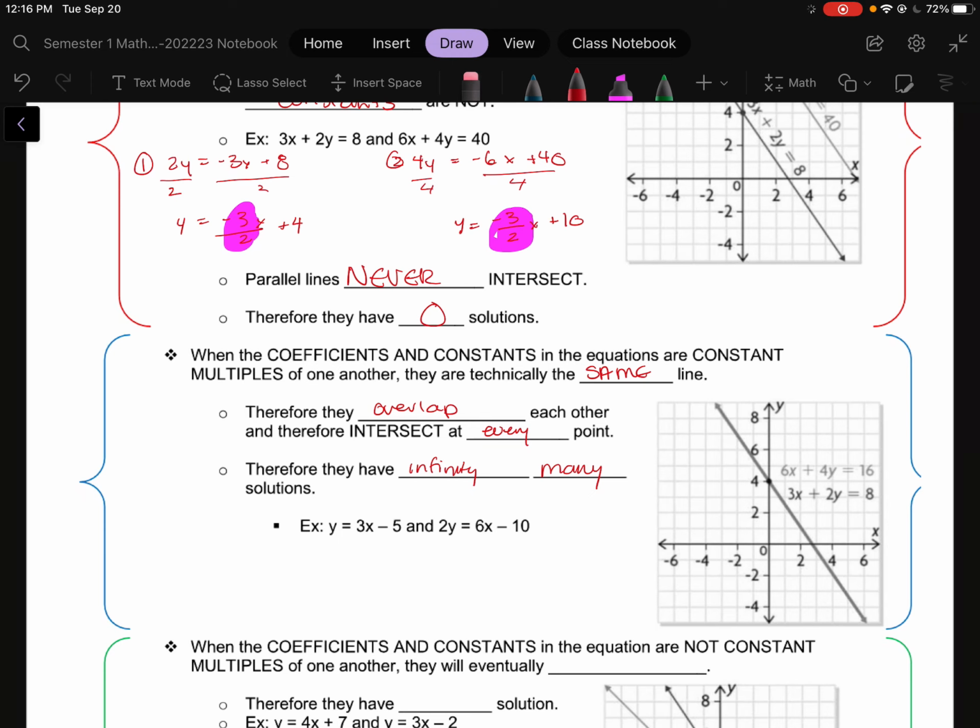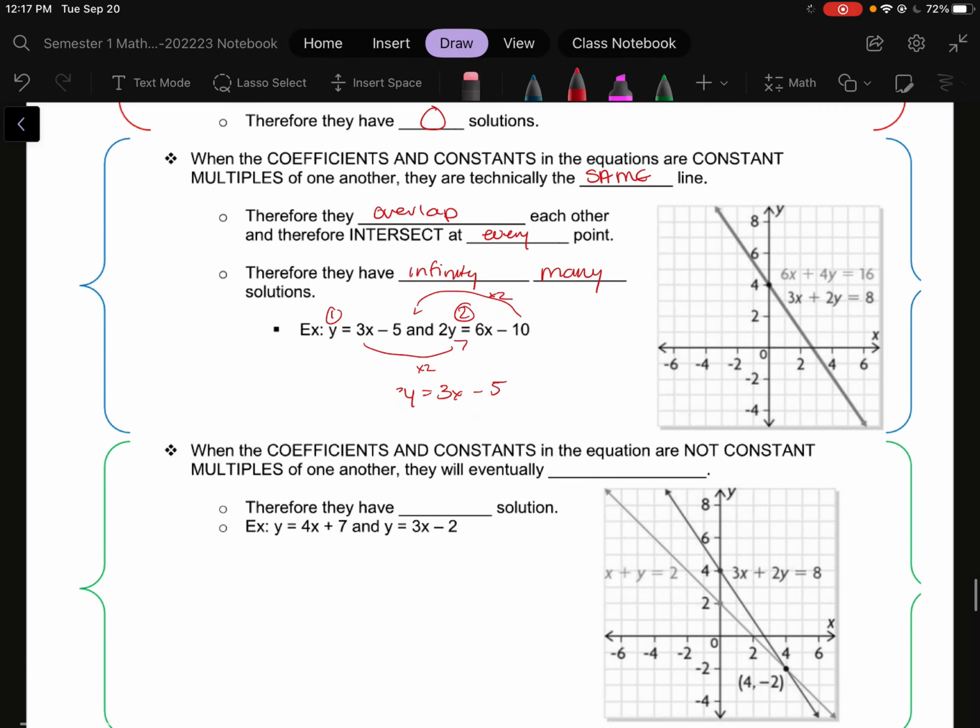In this case, if we compare these two examples to one another, we find a common factor: we just have to multiply this one by 2, and this one has to be multiplied by 2 as well. We will get an equation of y equals 3x minus 5. They're just the exact same, with the exact same slope and the exact same y-intercept.